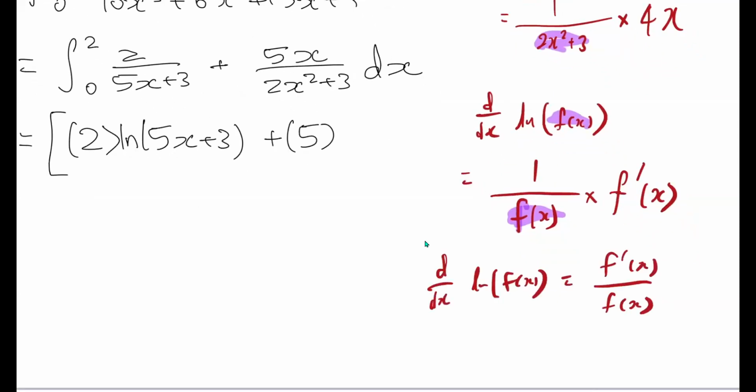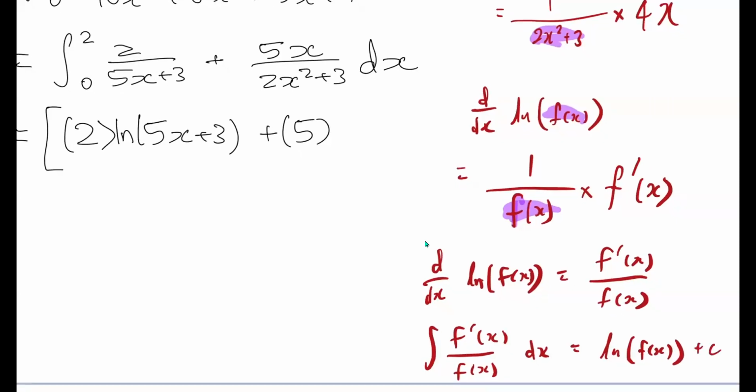This is a very special identity that's actually only taught in A levels, H2 math. But anyways, when you differentiate ln of that function you get f prime over f, that means the integral of f prime x over f of x dx will give you back ln of f of x. Agree? Agree.